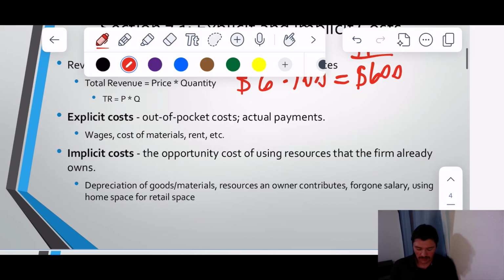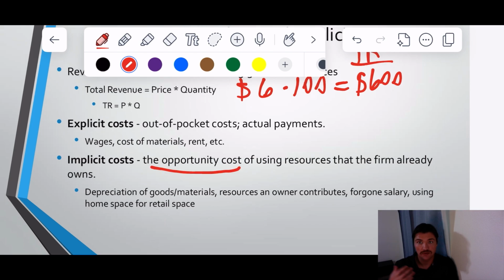Now, the main thing about implicit costs, it is the opportunity cost. Again, it's the value of what you're giving up to do what you desire. So depreciation counts because it's not a direct cost of business. It's just the loss in value from your assets. When you buy a car for $30,000, you drive it off the lot, instantly it loses a lot of value.